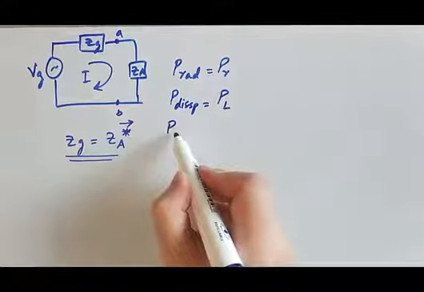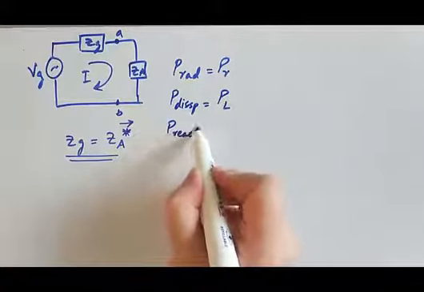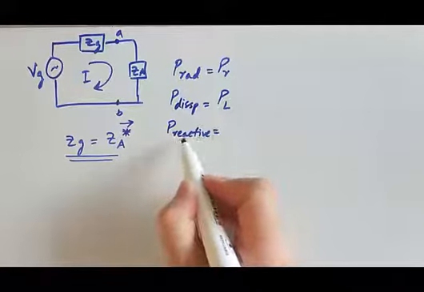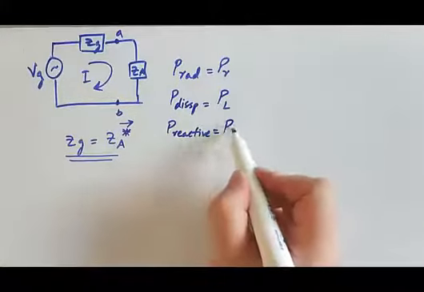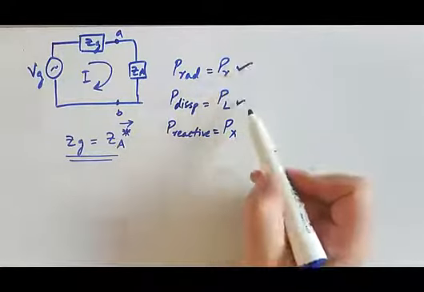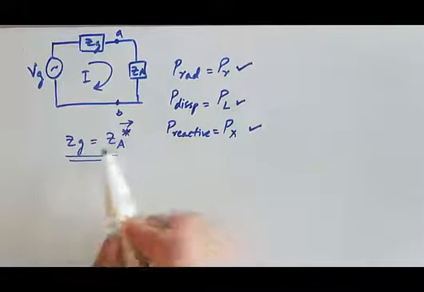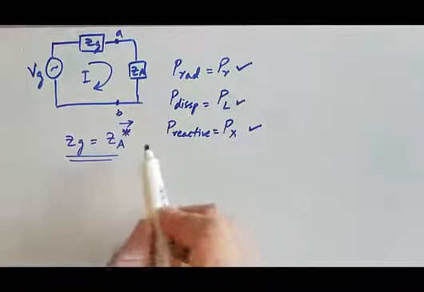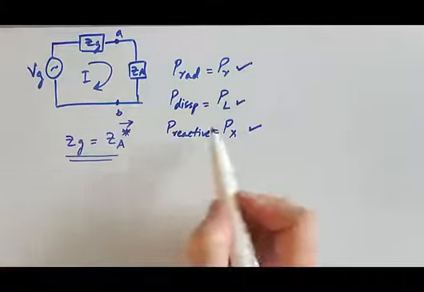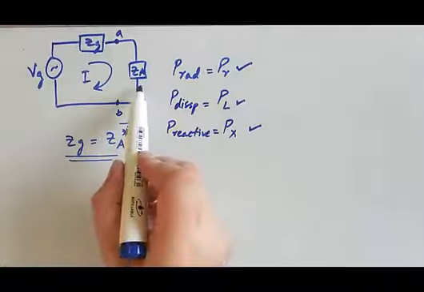Then we found the equation for the energy stored, the reactive power in the near field of the antenna, which we denoted as PX. Now we are moving towards understanding when we receive the maximum power at the output.